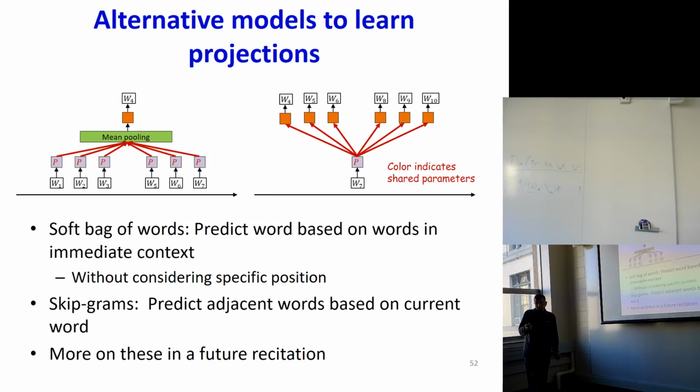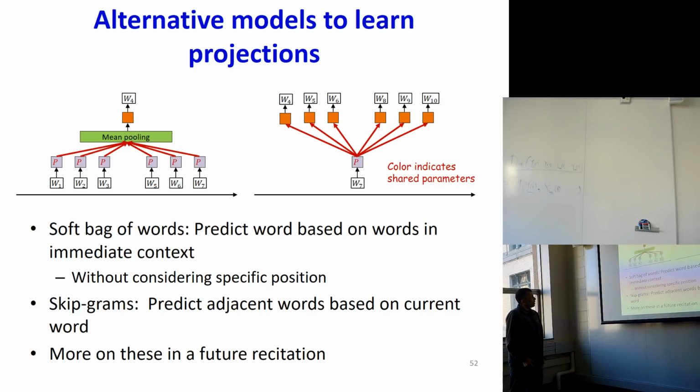Now there are alternative projections, ways of doing just this. If the objective is to learn the projection of words into lower dimensional spaces, you have other models. This is something called the continuous bag of words model, which predicts any word based on a certain number of words from the past and a certain number of words from the future.